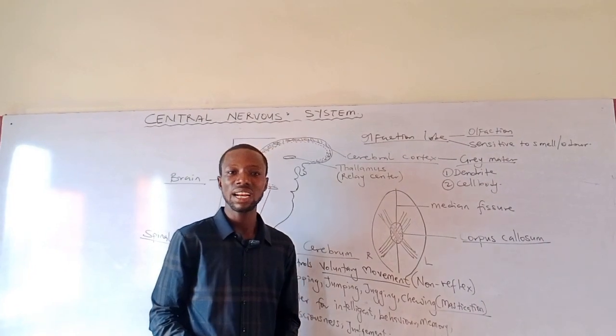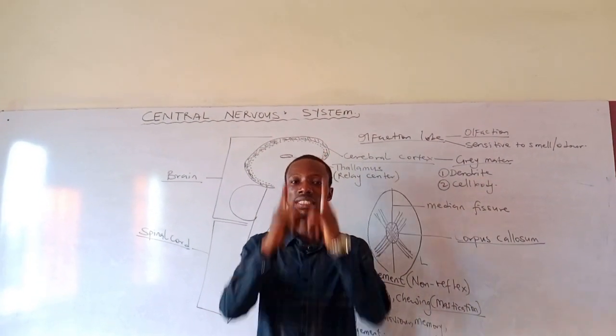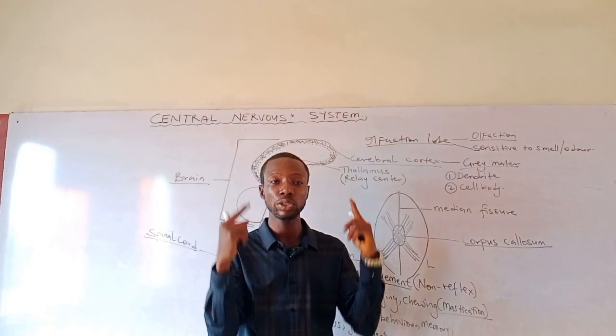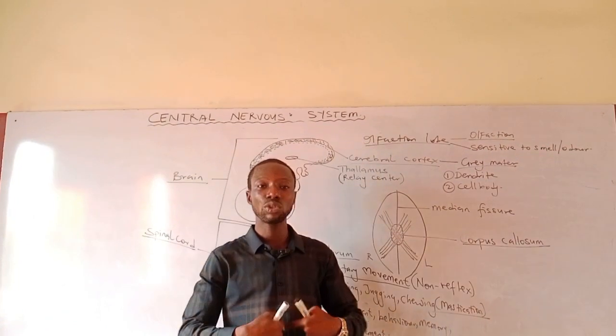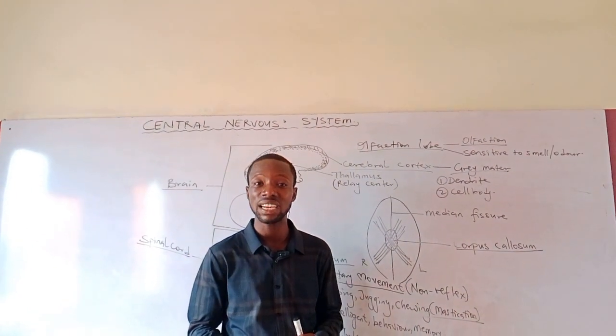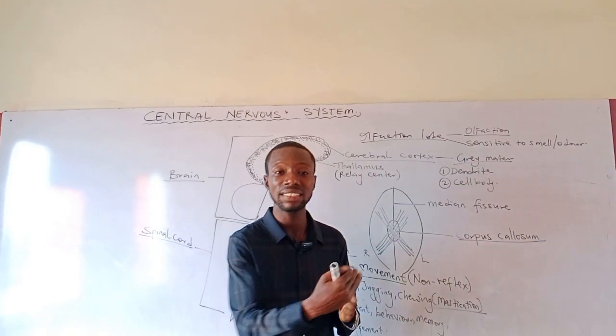It means that the thalamus relays impulses coming from the spinal cord to the cerebrum, and the cerebral cortex can also release impulses down to the spinal cord. That's why it is regarded as the center for relaying impulses, the relay center.